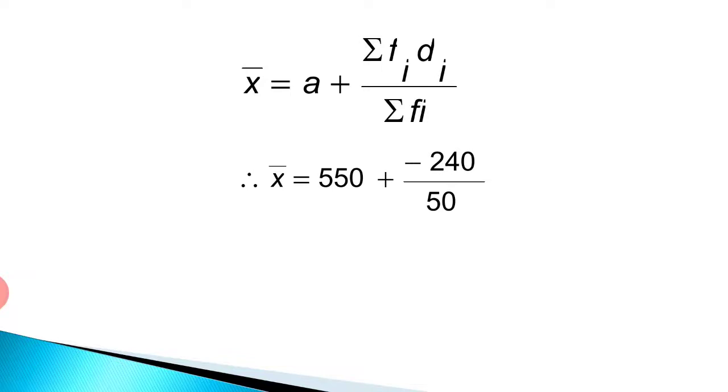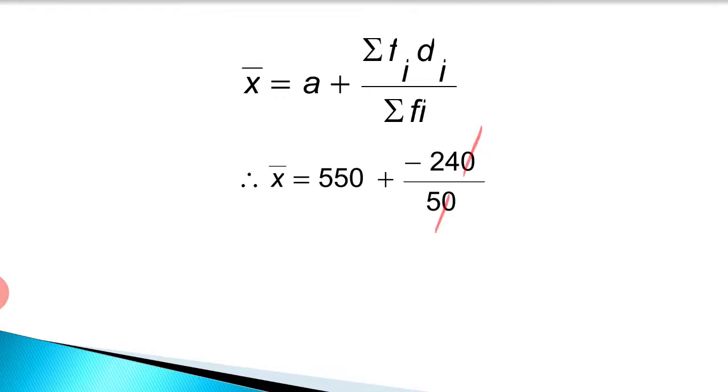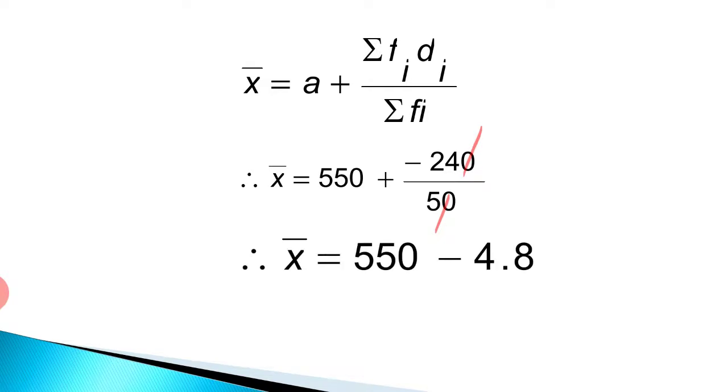Now put the values. So the assumed mean was 550 plus minus 240 upon 50. Here you can cancel 0, 0. 24 upon 5 will be 550 minus 4.8. 5 4s are 20 and 5 8s are 40, so it is 4.8.